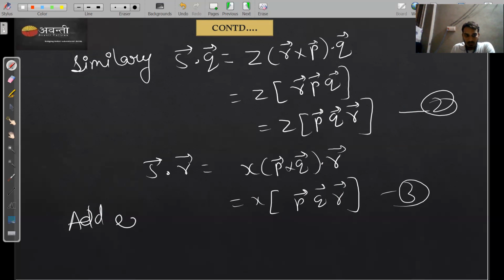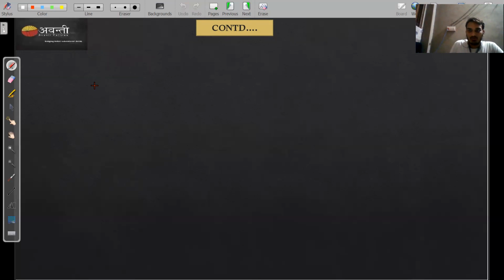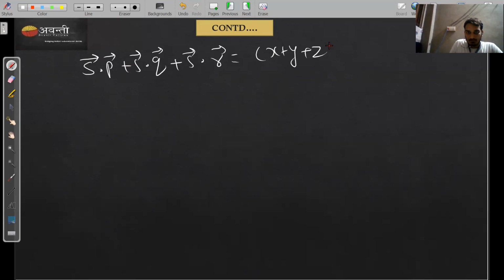Add equation 1, equation 2, equation 3. On the left hand side, I get s dot p, s dot q, s dot r, and on the right hand side I get x plus y plus z times box of pqr. And box of pqr value is given, which is 8.